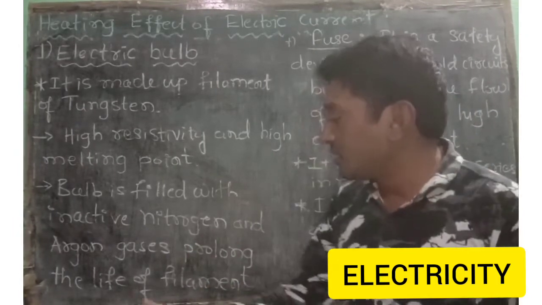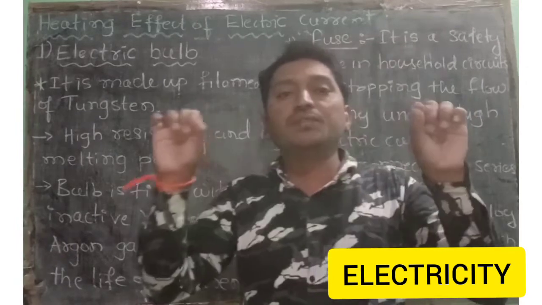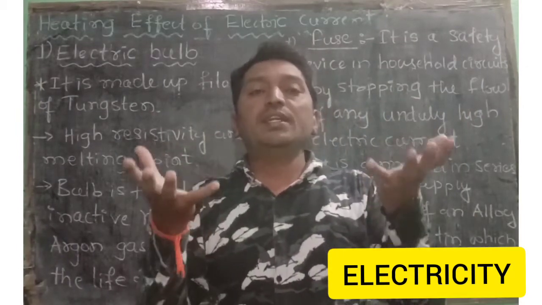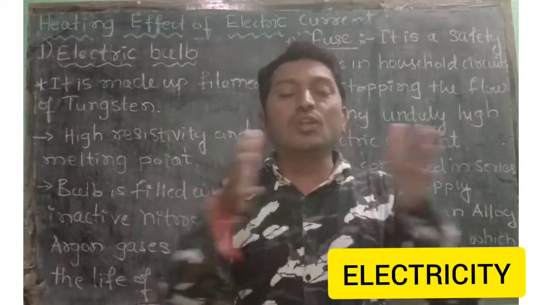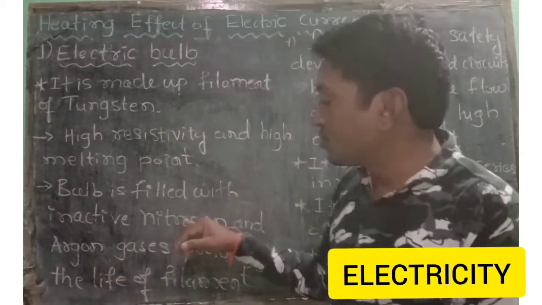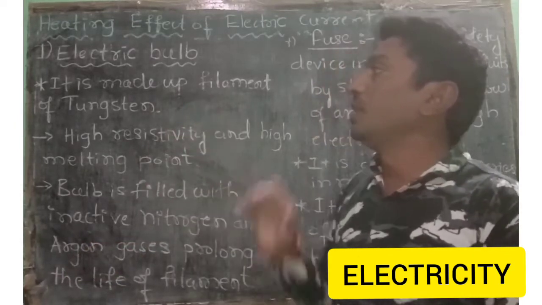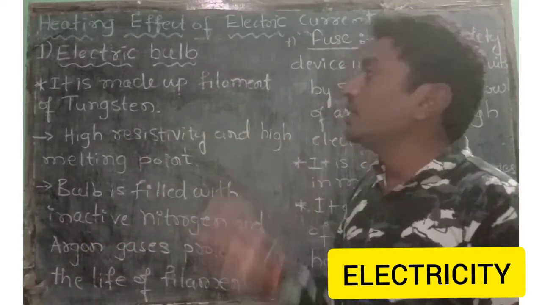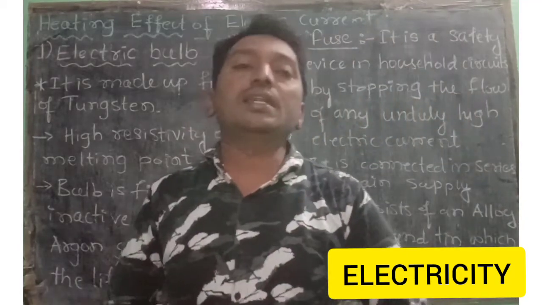Because it helps the life of the filament; it lasts for a long time. That is why we use inactive nitrogen as well as argon in the bulb. So this is about the electric bulb. By using this bulb, we can save electrical energy.